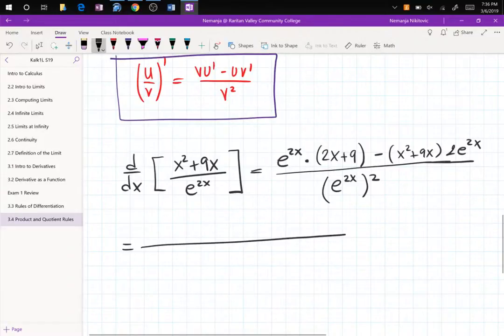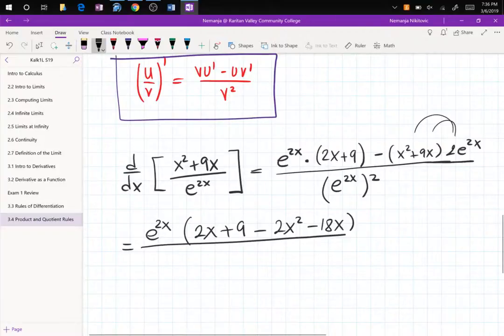What do I have? Note that I have e to the 2x common on top, and then we can just say I have 2x plus 9 minus, and this 2 needs to multiply everything inside, so minus 2x squared and then minus 18x.